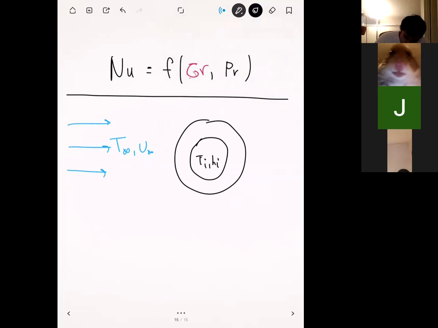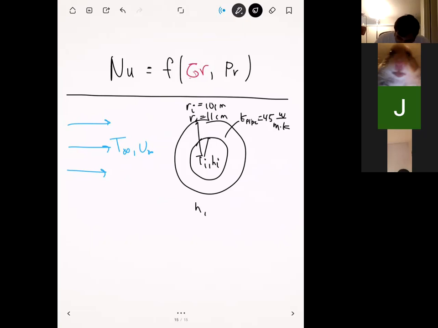K pipe is 45 watts per meter K. Ri is 10 centimeters, and Ro is 11 centimeters.